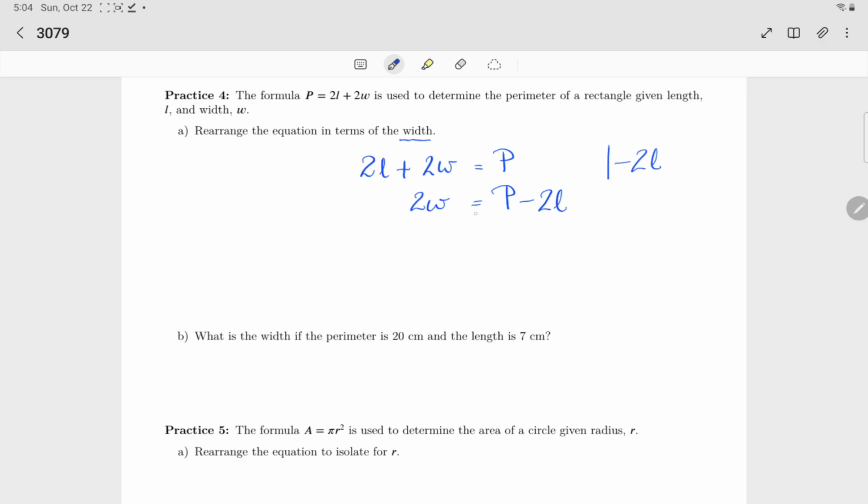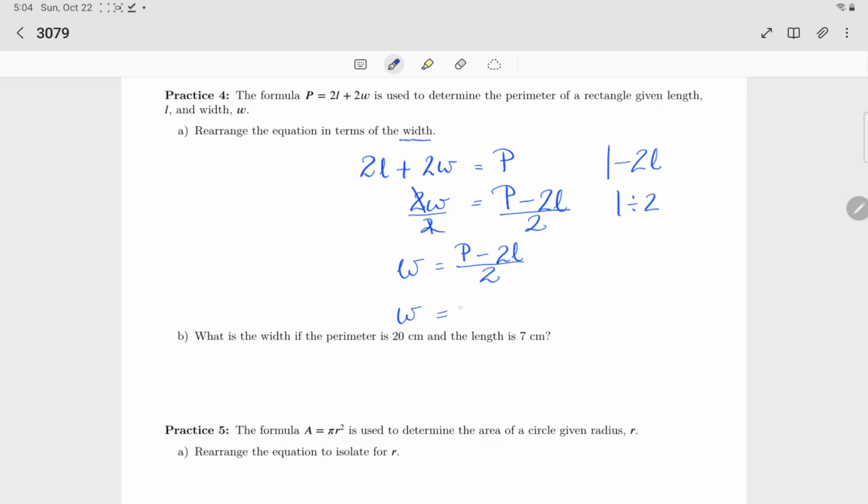Next, we need to divide both sides by 2. Width equals perimeter minus 2 times length, divided by 2. We can use this formula, or we can divide each term by 2.